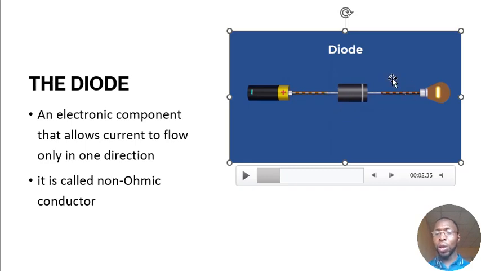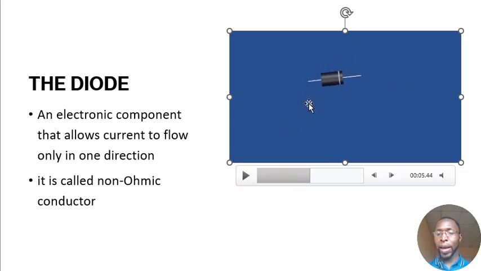Now, when you turn it the other way around, it will not allow current to flow because the other side is the anode. So when you connect back to the other side, the anode, it will not allow current to flow.